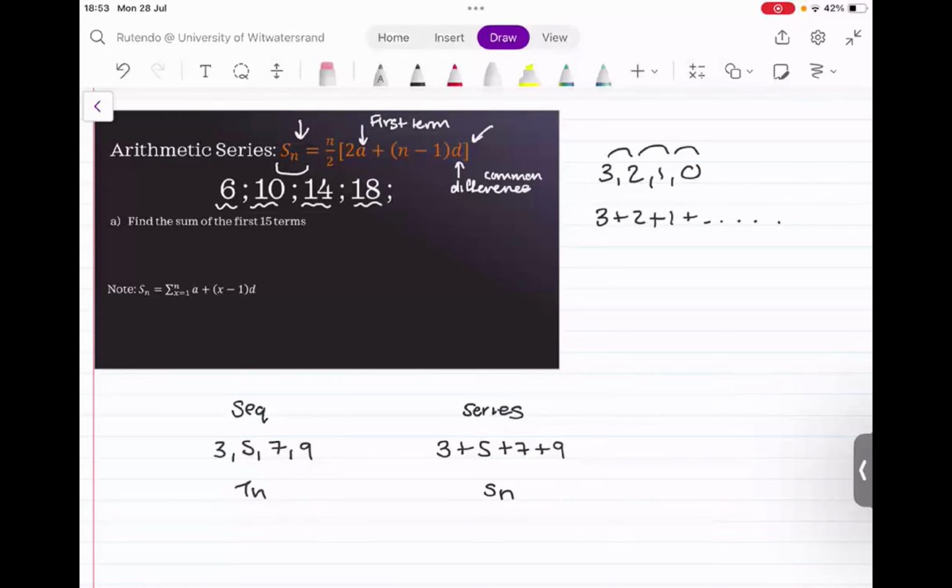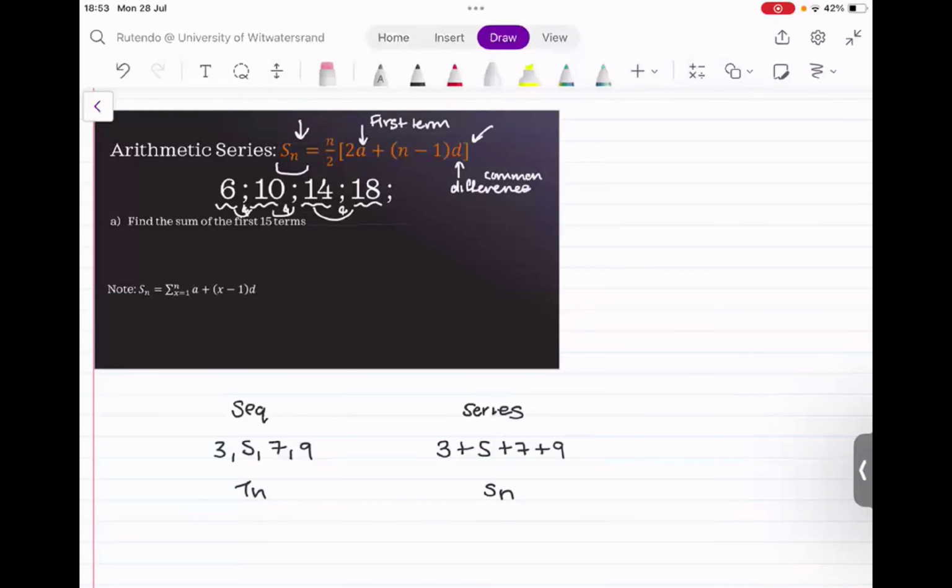If I want to find my first term in 6, 10, 14, and 18, it's 6, right? So my a is 6, and what is my common difference? My common difference is 4. So again, 4, 4, 4. It hasn't changed from before.